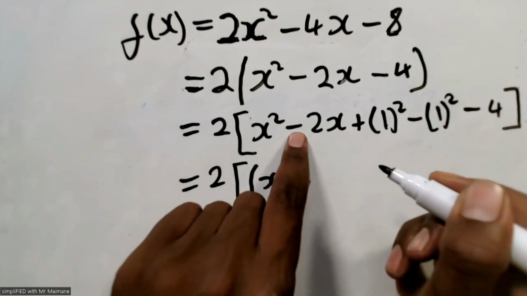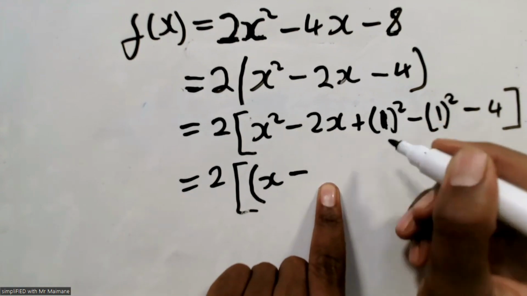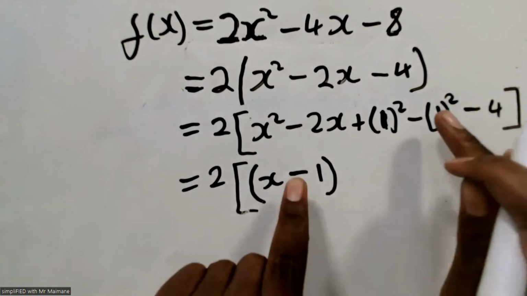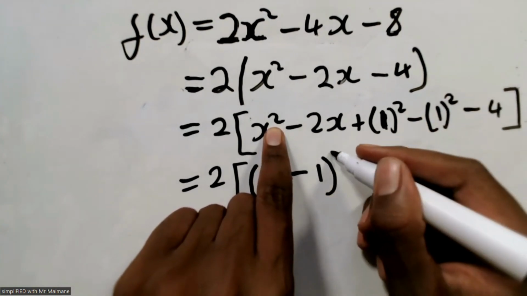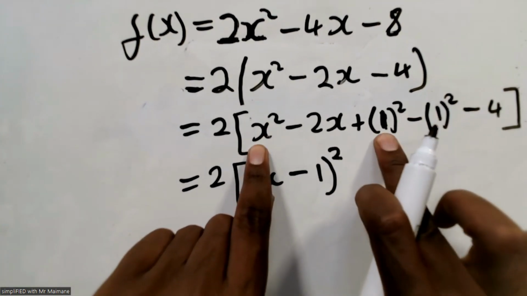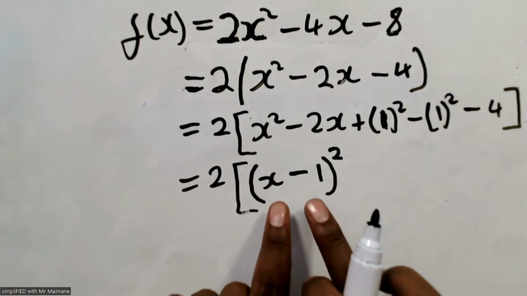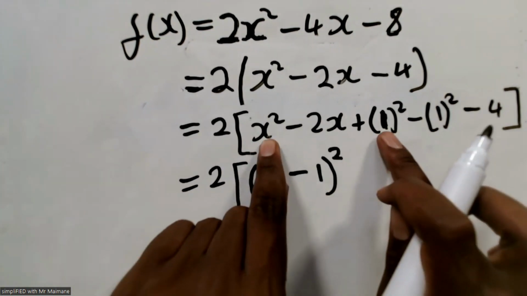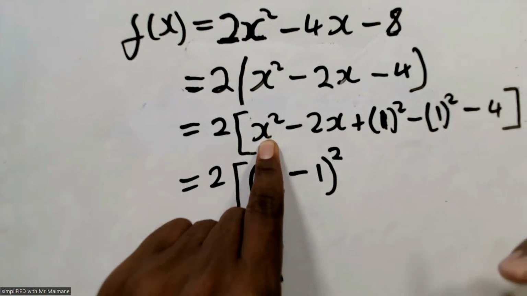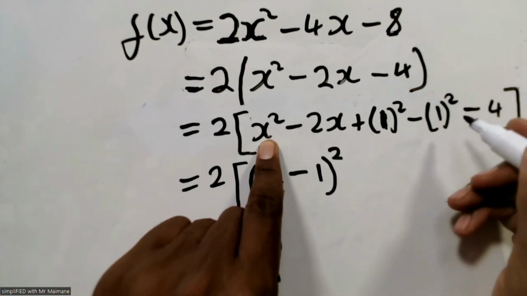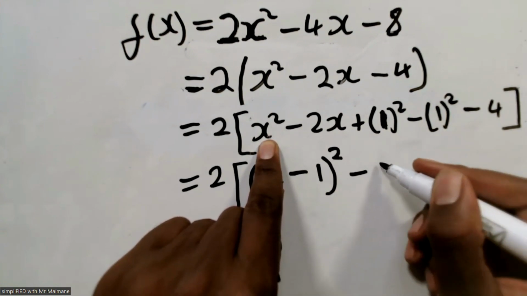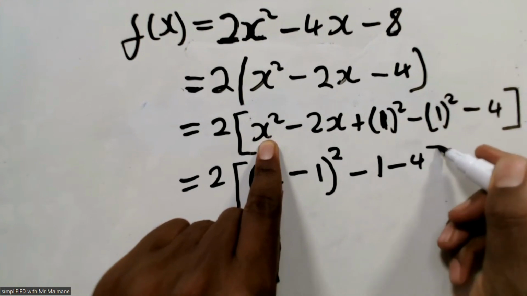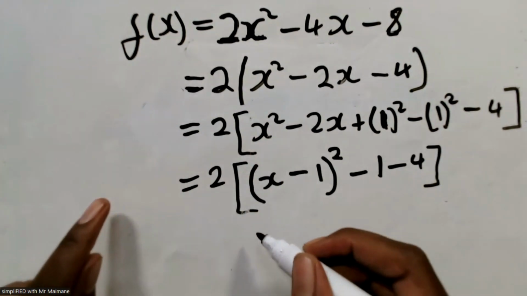So it's going to be minus, since it's negative, this 1 here, and then I close the bracket. Therefore, this square, we put it outside because it represents factorizing this entire thing here. Meaning, if you simplify this, you'll get back to the way this thing was. Therefore, this part, we can just simplify: minus 1 squared is 1, minus 4.